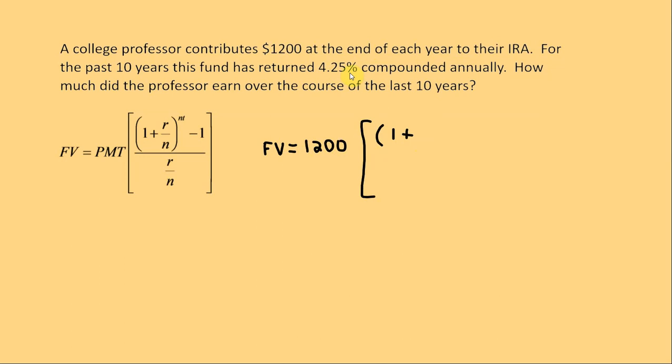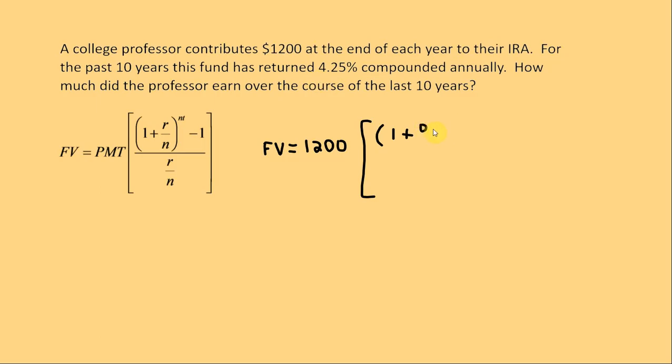Now, in all of these formulas that we are going to be working with, when we put the rate into the formula, we want to change it from a percent to a decimal. And just remember, when we're changing from a percent to a decimal, we move the decimal point 2 places to the left.